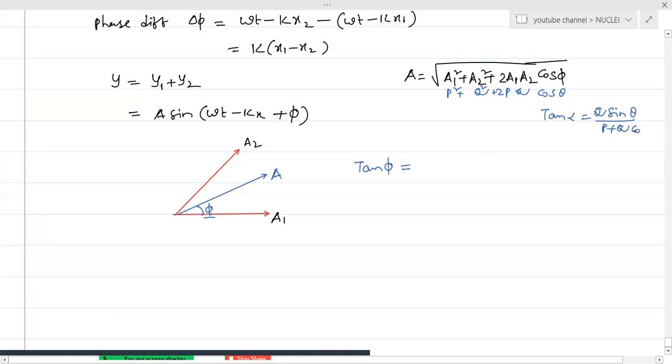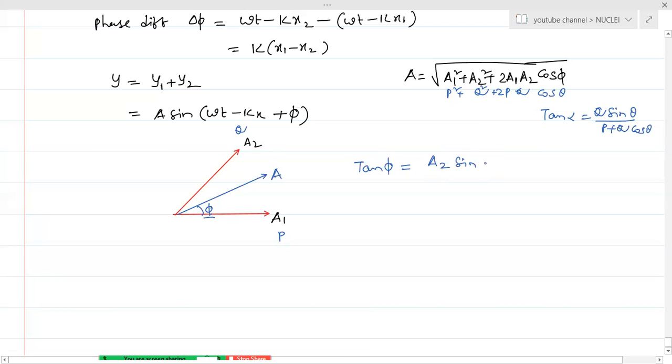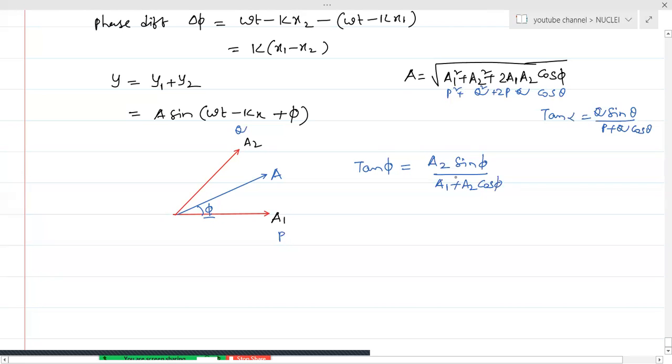Similar to that, we are taking A1 as P and A2 as Q. Similarly, tan phi is equivalent to A2 sin phi by A1 plus A2 cos phi. In this way, we will estimate the resultant wave as well as the phase shift.